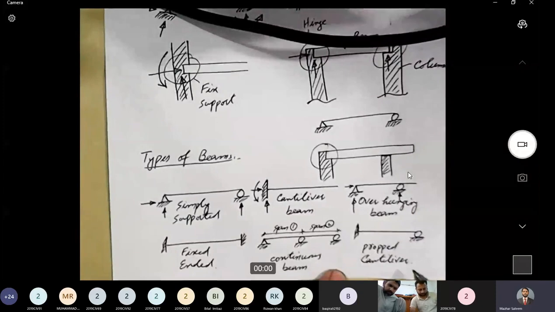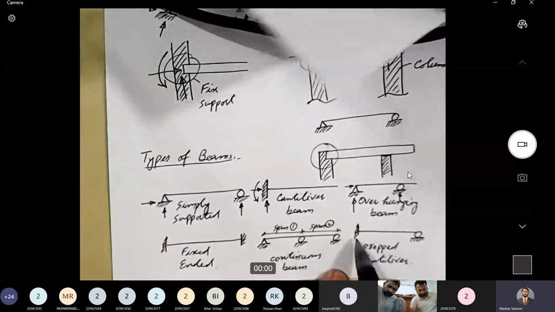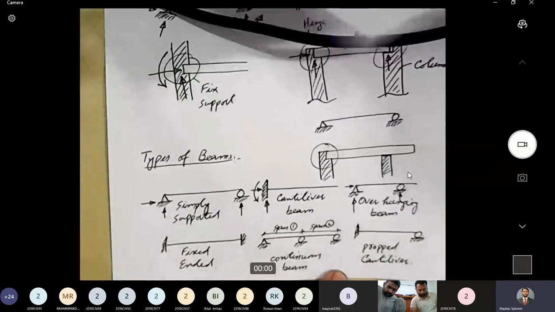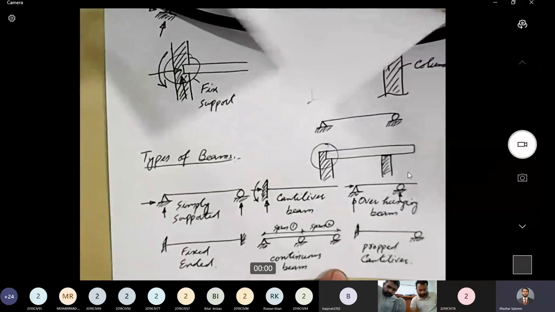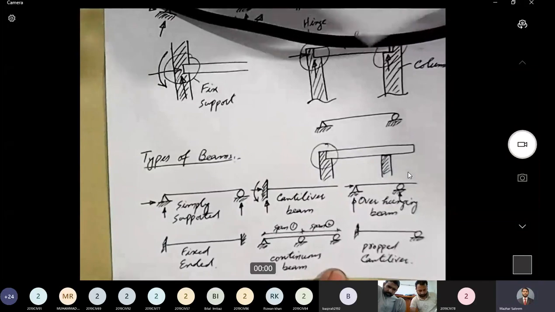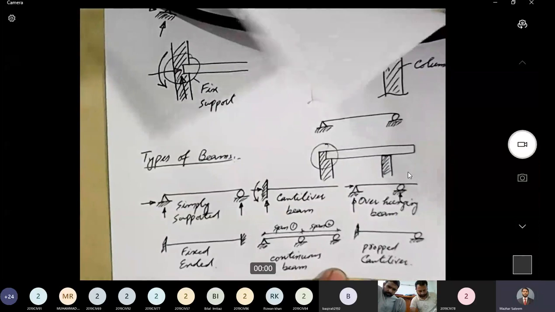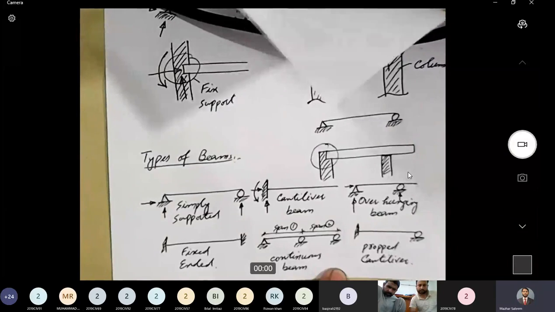This type of beam has one fixed support and one roller support. So these are 6 common types of beams. There are other types as well if you see the literature, but these are 6 common types, and in your study, most of the time you will be dealing with one of these beams. Okay, so everybody is clear about these types of beams?